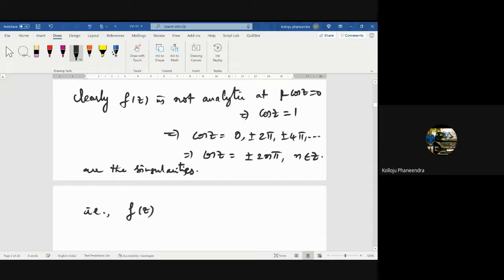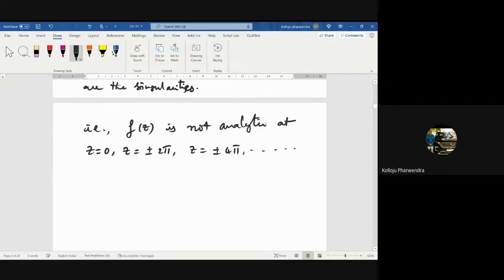Now understand this concept. f of z is not analytic at z equal to 0, z equal to plus or minus 2 pi, z equal to plus or minus 4 pi, and so on. Now, z equal to 0 is the center.